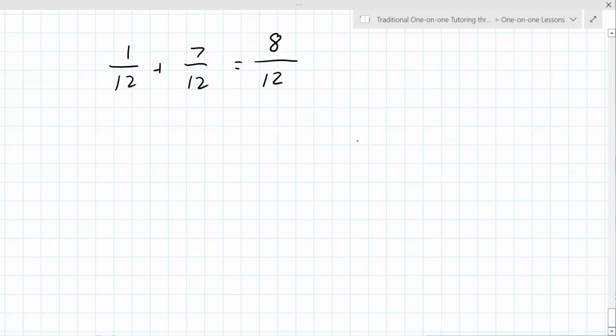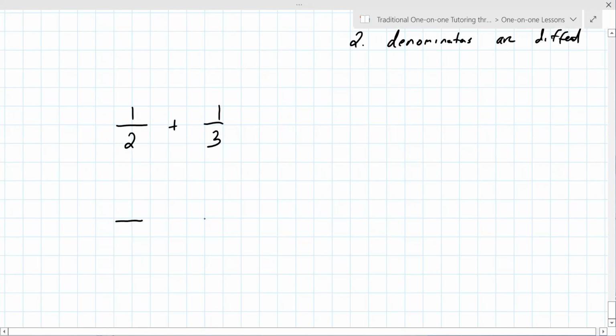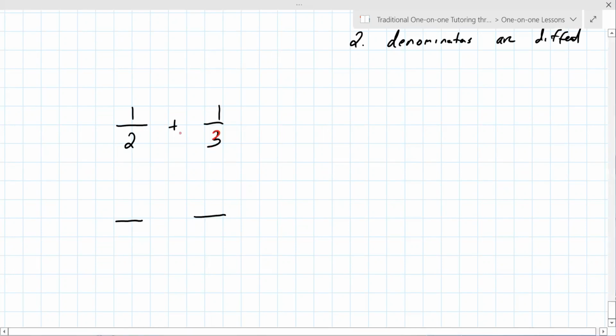The issue though is, what if the denominators are different? Like, what if I wanted you to add 1/2 plus 1/3? What you do is you make the denominators the same. You do that by multiplying the 3 by 1 and 2. 3 times 1 is 3, 2 times 3 is 6.